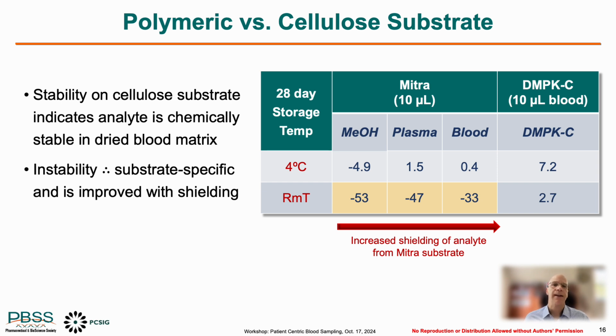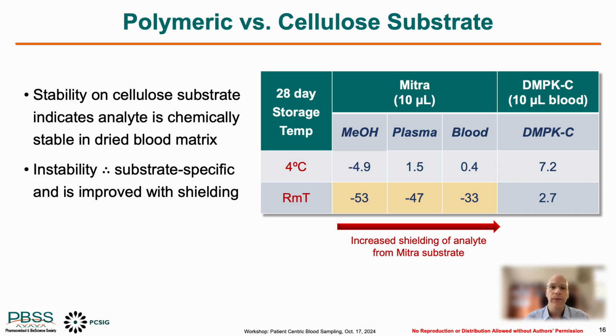So now the fact that we have stability on cellulose substrate allows us to conclude that the drug is chemically stable in dried blood matrix, and therefore the room temperature Mitra results are not matrix dependent, but rather substrate specific. And further evidence for that can be seen if we sample the analyte in methanol versus plasma versus blood.